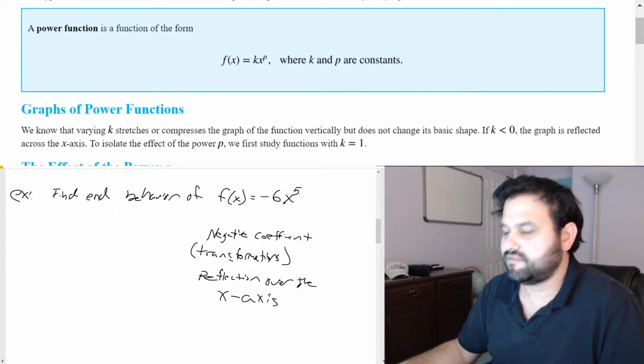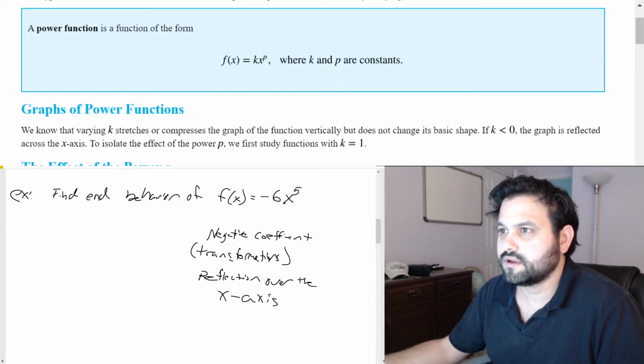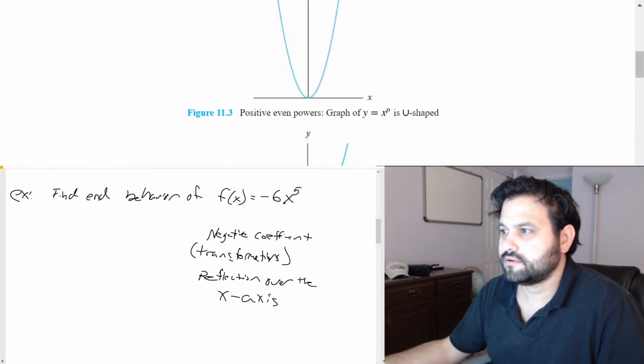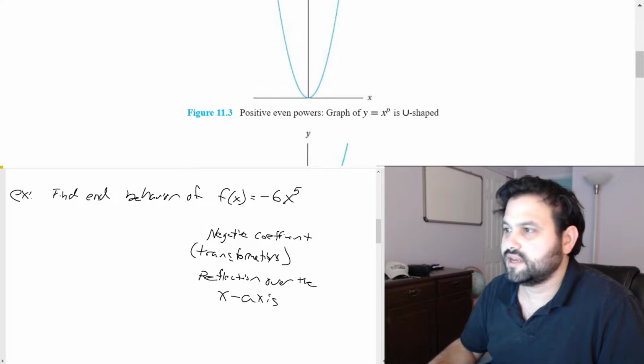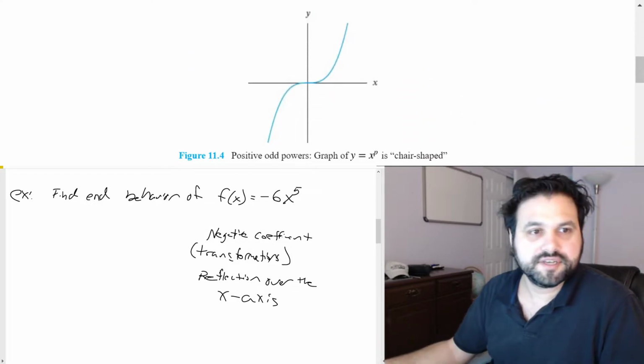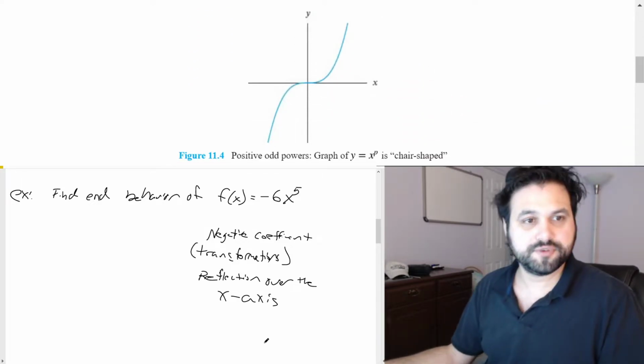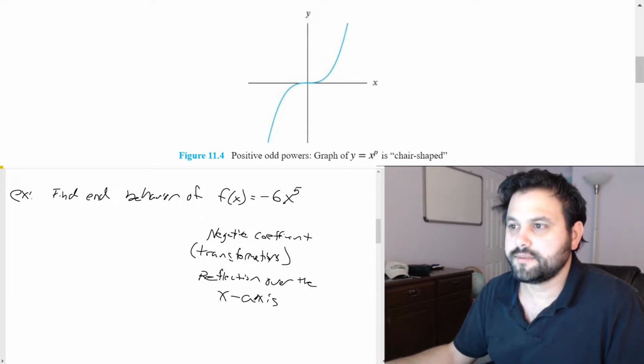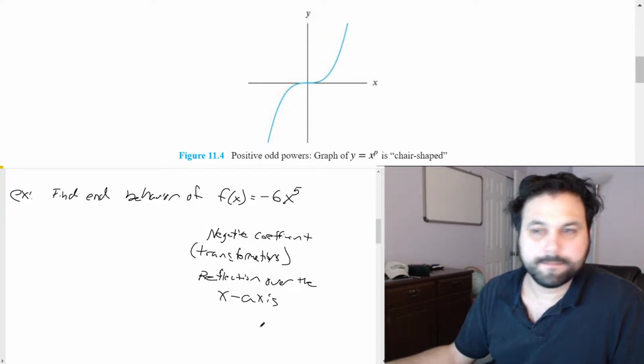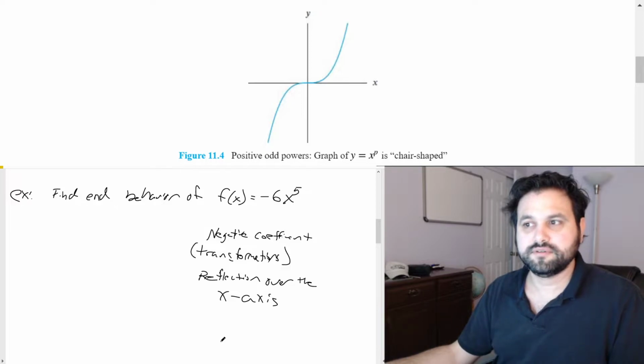So if we have, let me go back up here, we have this x cubed graph, right? Then we're now going to reflect it over the x-axis.